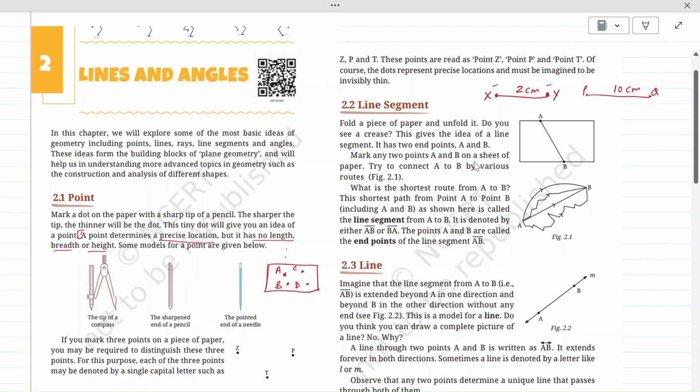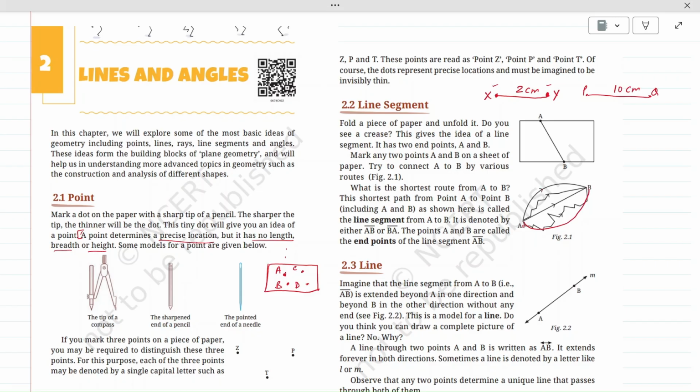Mark any two points A and B on the sheet of paper. Try to connect A to B by various routes. This is the second thing here. What they are saying is just take two points A and B and now try to connect them in different ways. We can go this way, we can go zigzag, we can create another route, like we can go via this also.